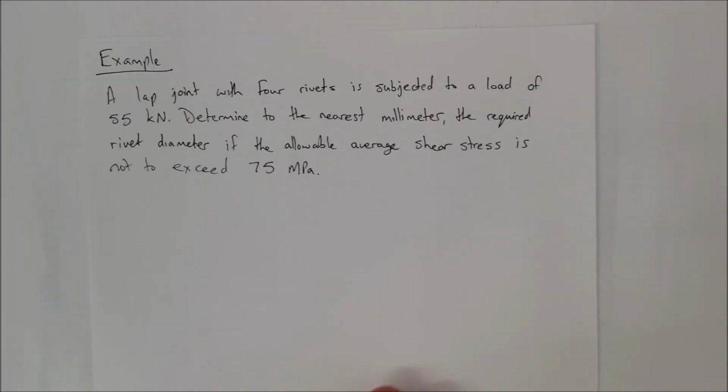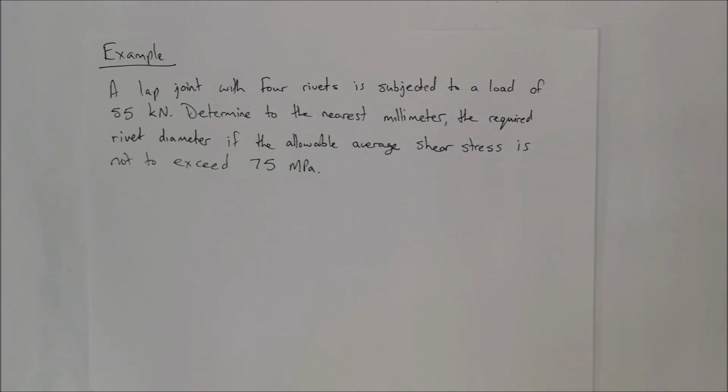Okay, so let's have a look at an example. Let's say we've got a lap joint, and it's got 4 rivets going through it, and is subject to a load of 55 kilonewtons. Determine to the nearest millimeter the required rivet diameter if the allowable average shear stress is not to exceed 75 megapascal.